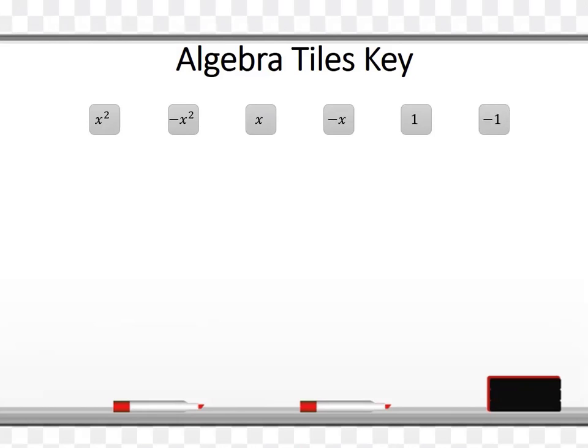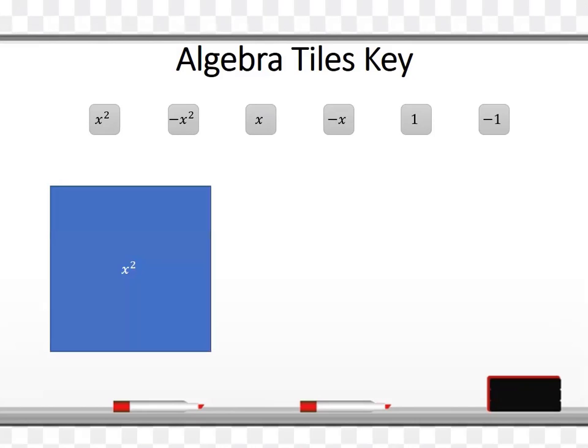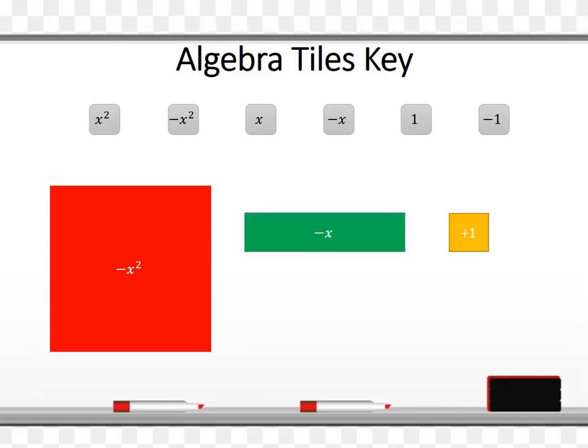Now, each of these tiles represent the positive and negative versions, and they're usually distinguished by their color. These values represent the area of the tiles.